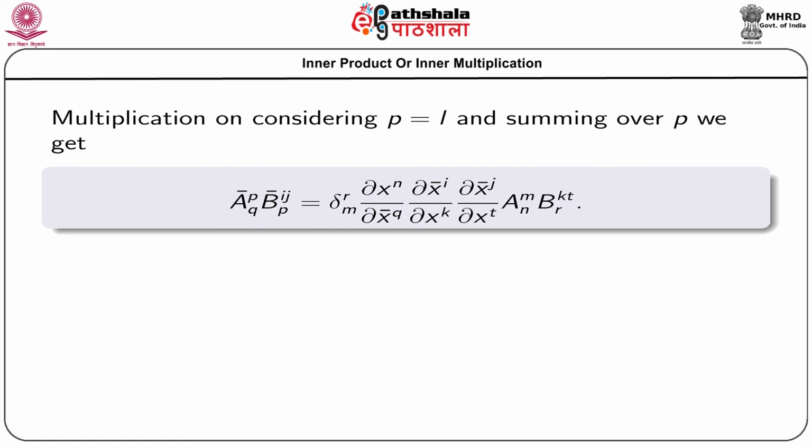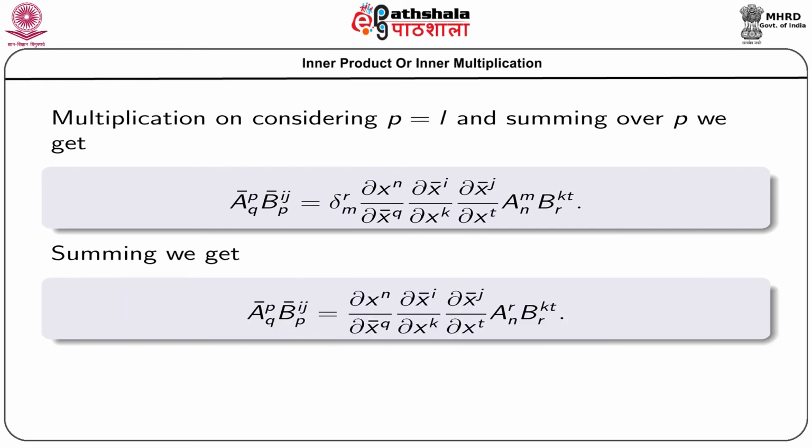So, summing we get this form: A bar^{pq} B bar^{ij}_p equals del x^n del x bar q del x bar i del x^k del x bar j del x^t A^{rn} B^{kt}_r. So, when we take the operation of the Kronecker delta, this m will be replaced by r.